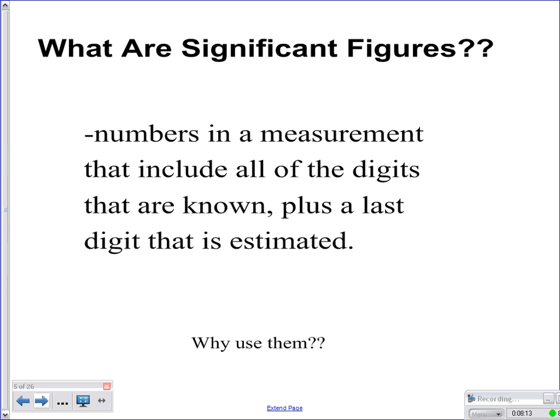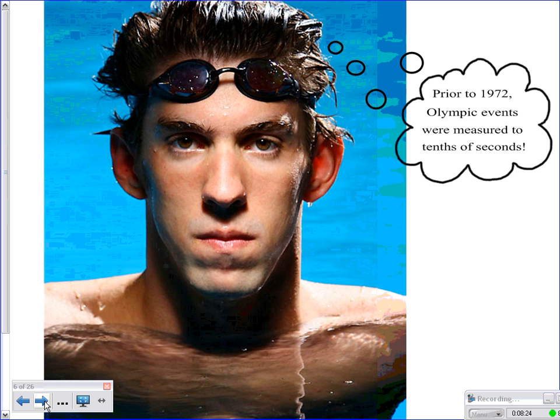Let's think of an example, and I guess years are going by, so this might not be the best example, but I think a lot of you can still probably remember this. Why might this have been important in this situation? Well, here we have Mr. Phelps.